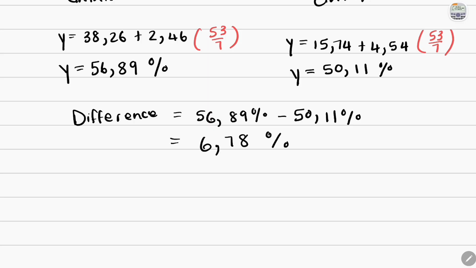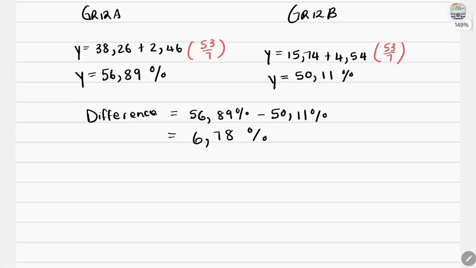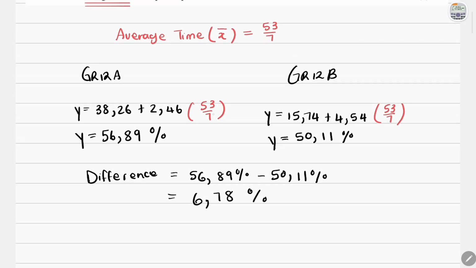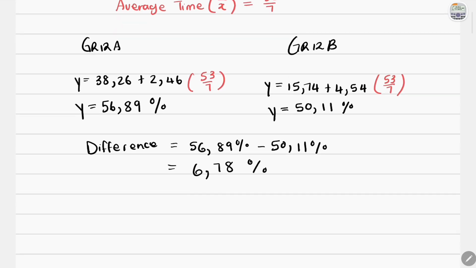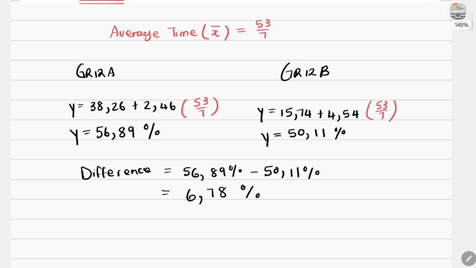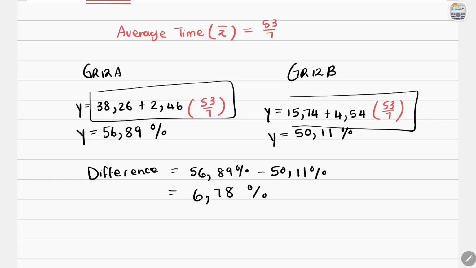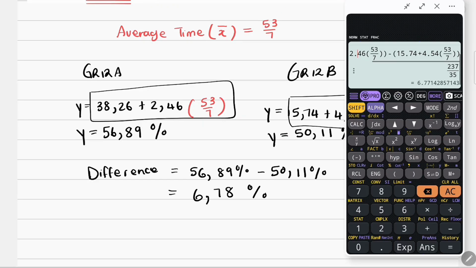Okay, and that is our answer. It's going to be 6.78%. Okay, that is, of course, if we don't round off at this point. If you like and you wanted it to be more accurate, you could have just taken this entire calculation minus that one to see what you get. Okay, so like that.